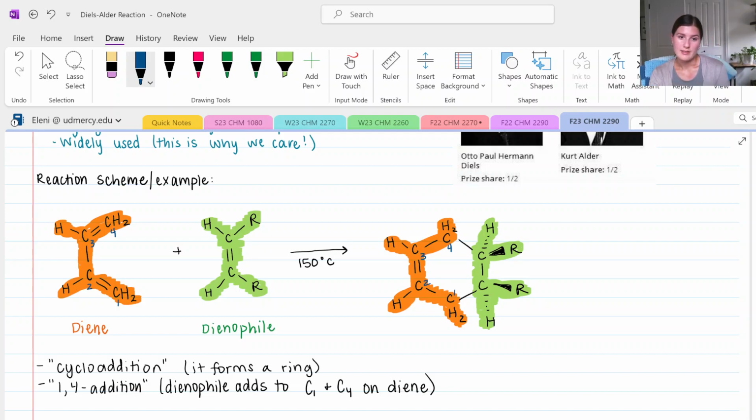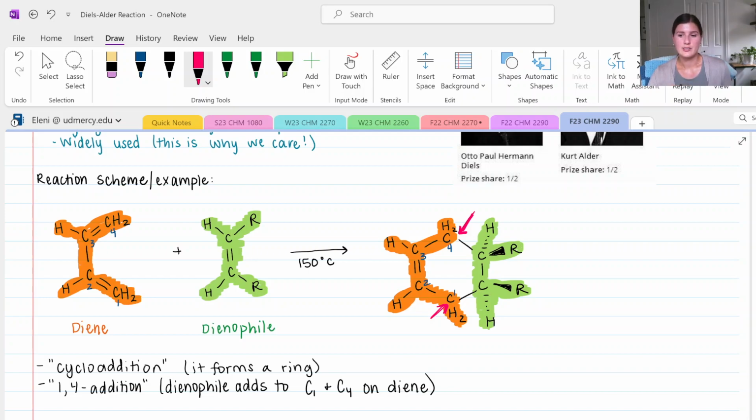So the dienophile adds, there's a new bond from the dienophile to carbon 1 of the diene and carbon 4 of the diene. So that's why we call it 1,4 addition. And we create that new 6-membered ring using the atoms from the diene and the atoms from the dienophile.